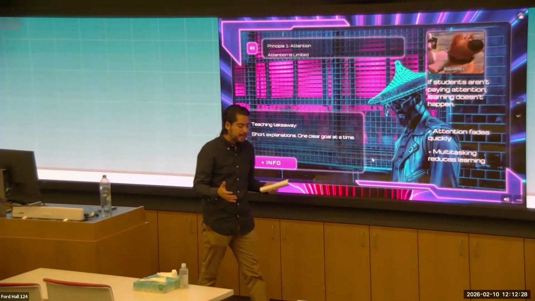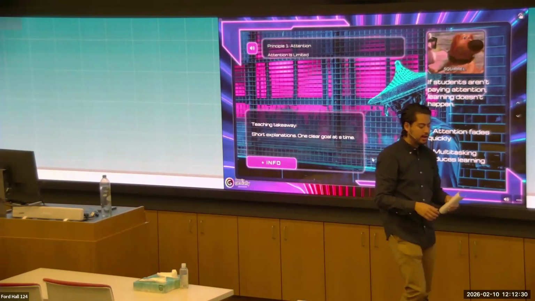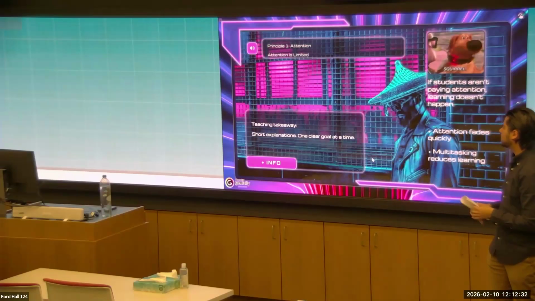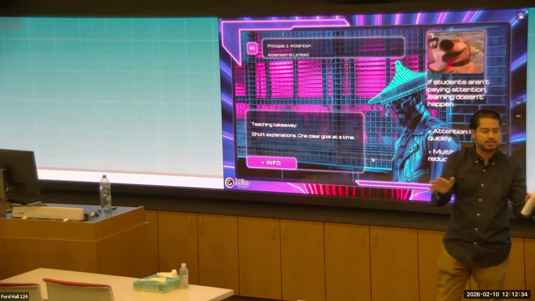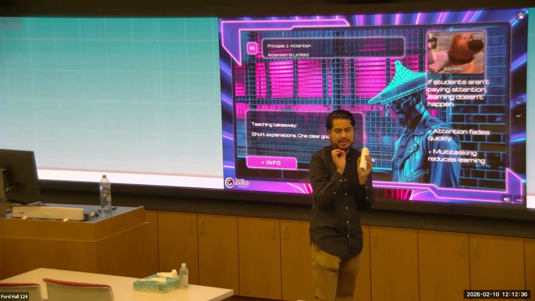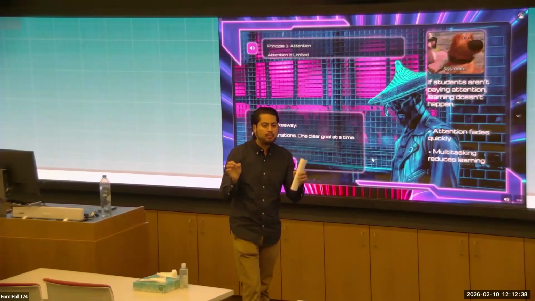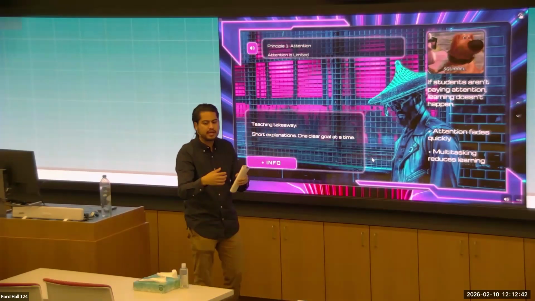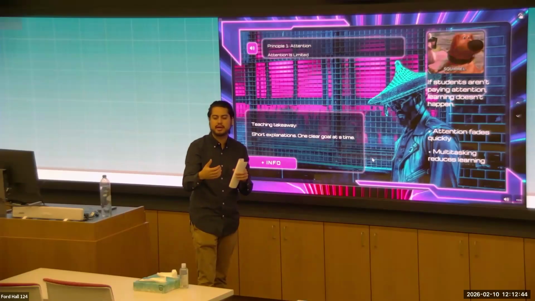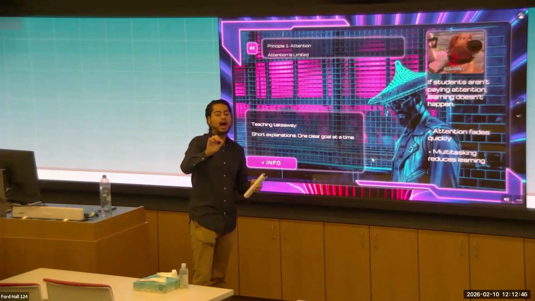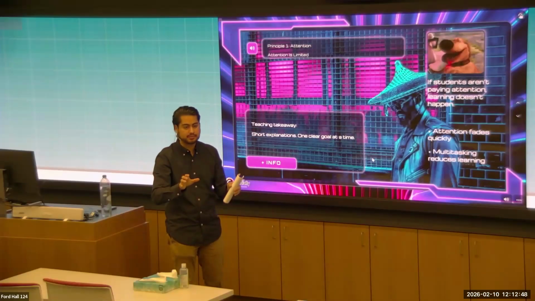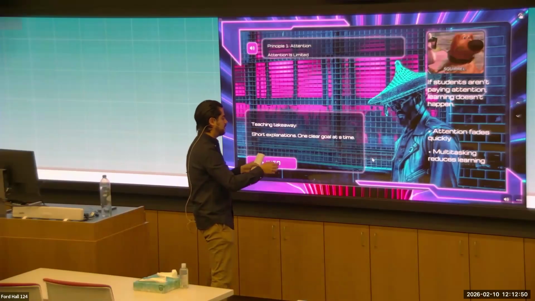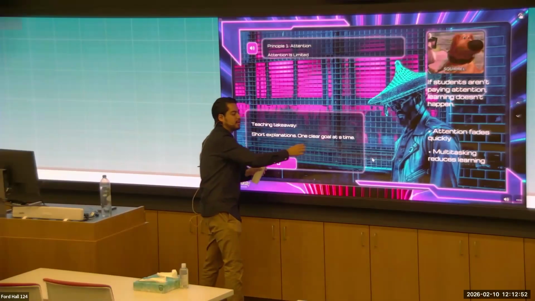So for me, and we're going to go over one lesson that I have quickly prepared here, short explanations are key for this. I will still have the same amount of time that I would normally spend explaining a concept, but I will break it into different sections. So I have short explanations, but the goal is still the same.